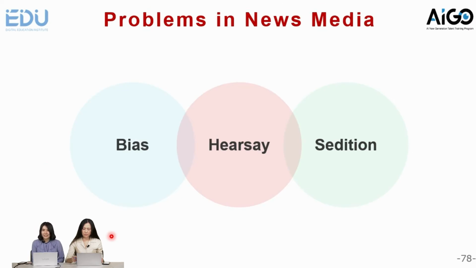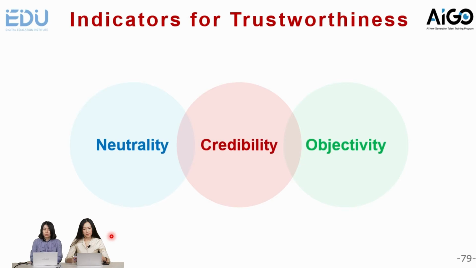Because we find there are three important problems in news media. First one is bias, the second one is hearsay, and the third one is sedition. So we want to check three indicators in order to assess the trustworthiness of each news article. Like whether this news article is neutral or not, credible or not, and objective or not.